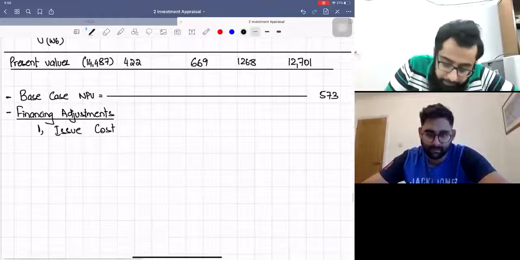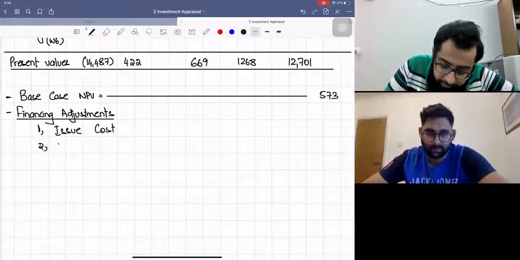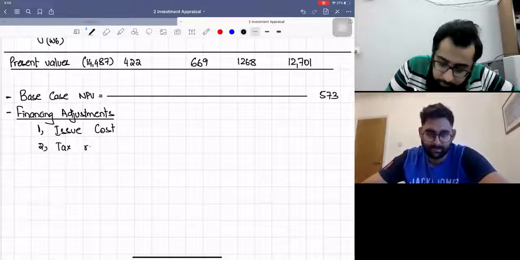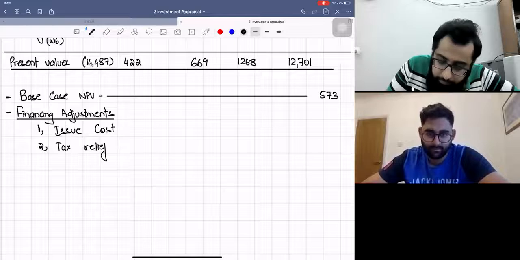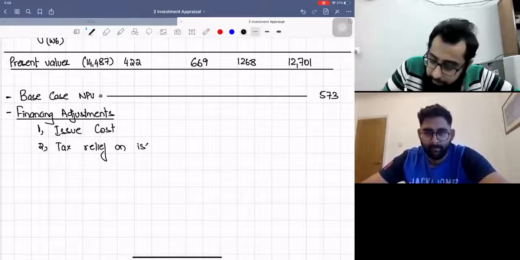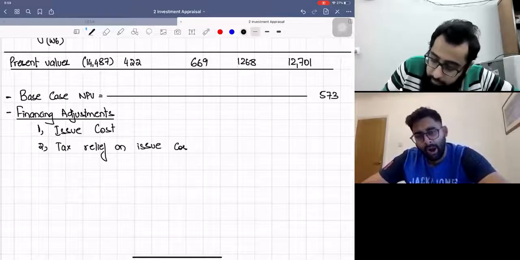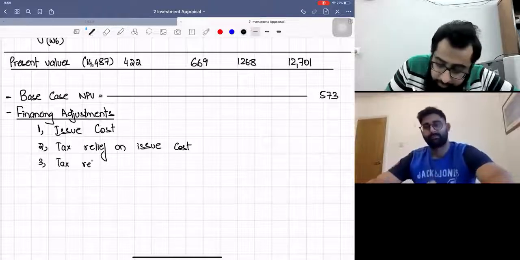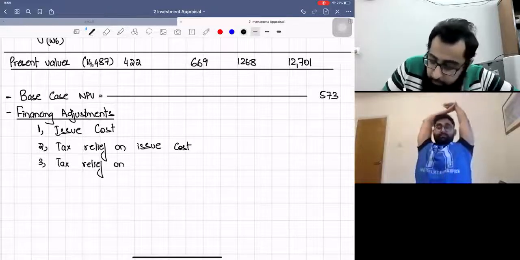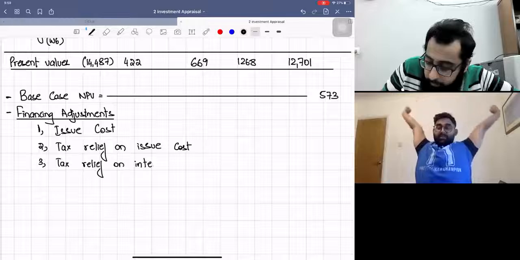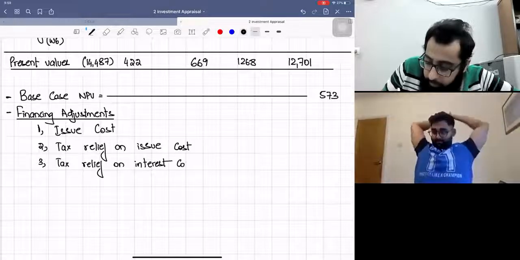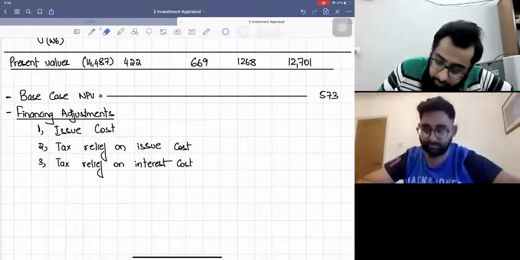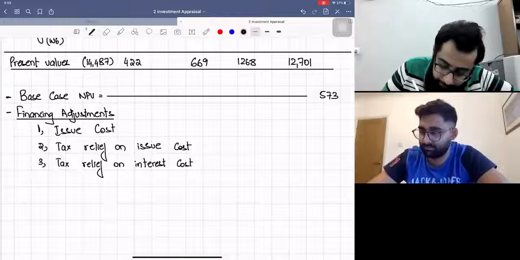Okay. Then we have tax relief on issue cost. Then we have tax benefit or tax relief on interest cost.